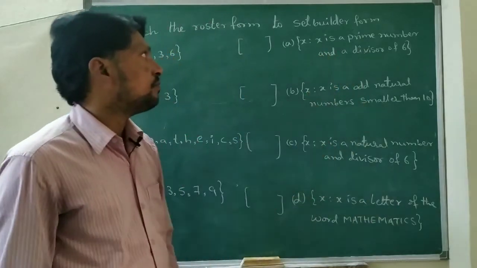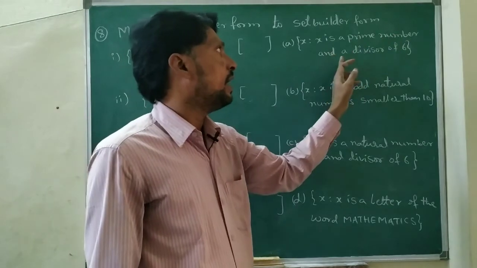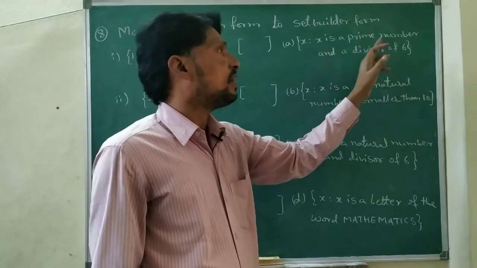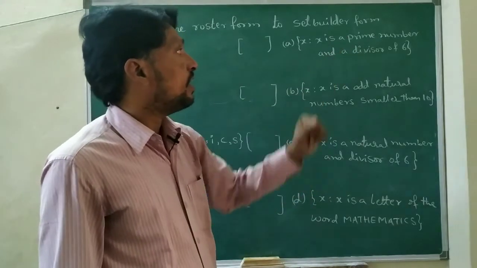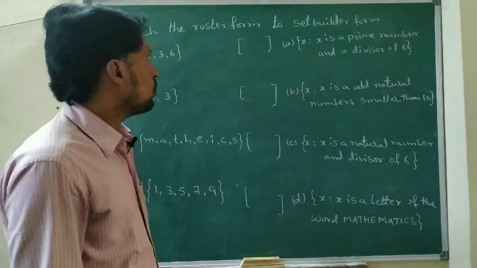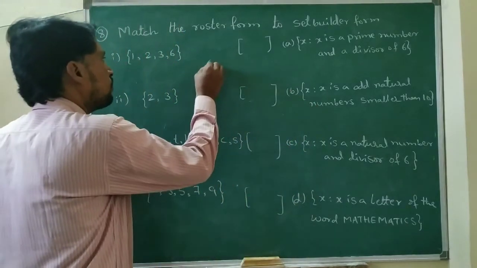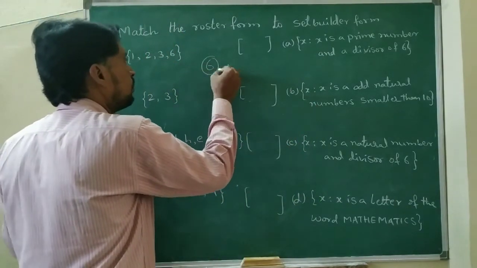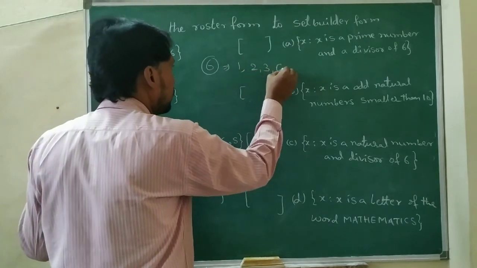Here in set builder form, x such that x is a prime number and x is a divisor of 6. We need to take divisors of 6, and among them the prime numbers. What are the divisors of 6? The divisors of 6 are 1, 2, 3 and 6.